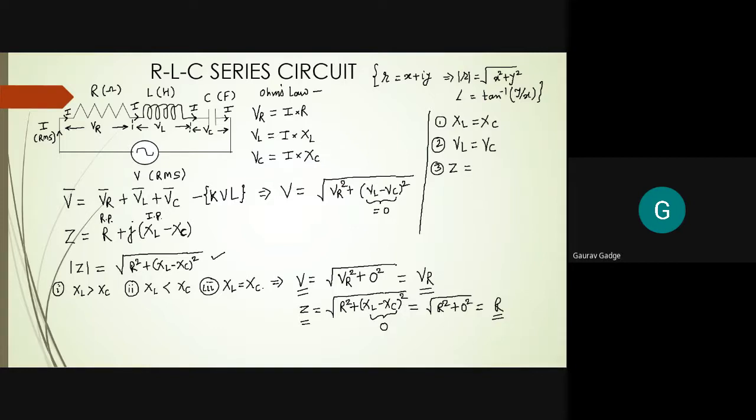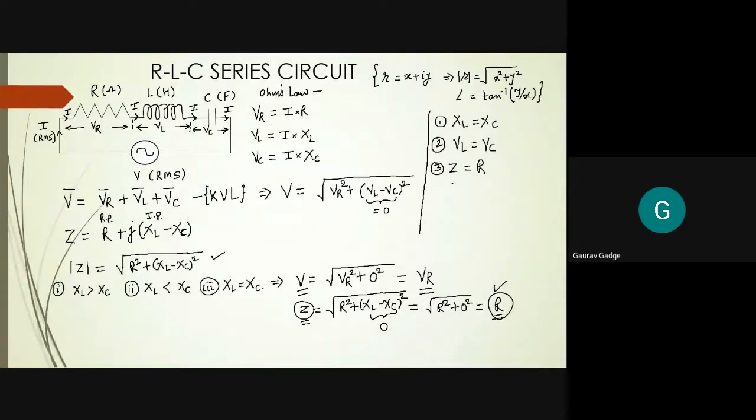Okay. Now, if XL equal to XC, what can we write for impedance? Impedance is equal to, under root R square plus, ultimately what are we getting? R. So what can we say?